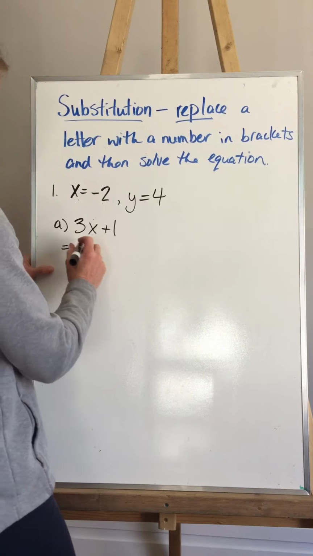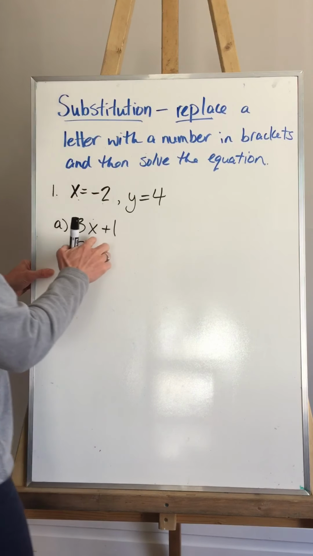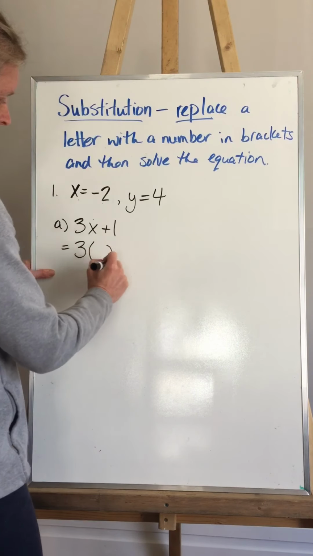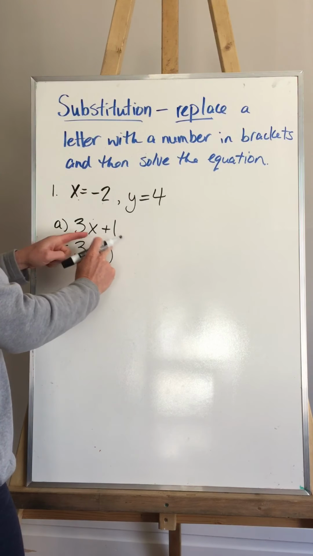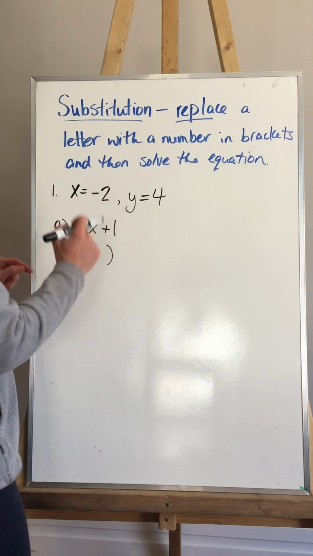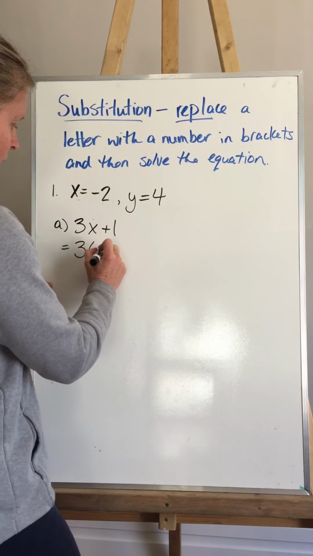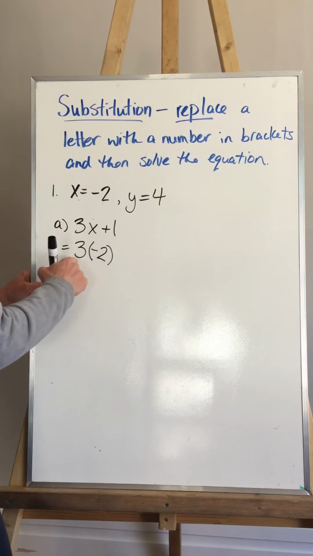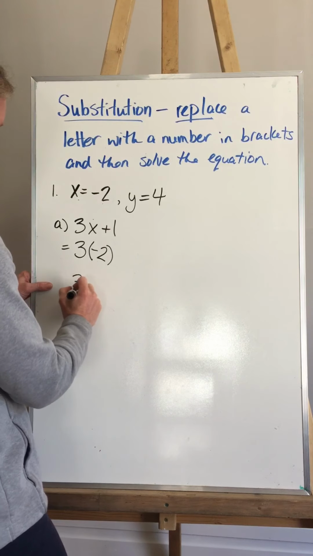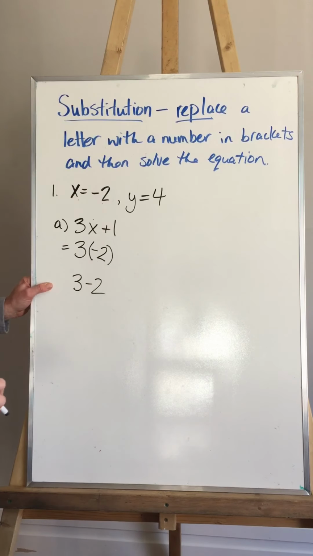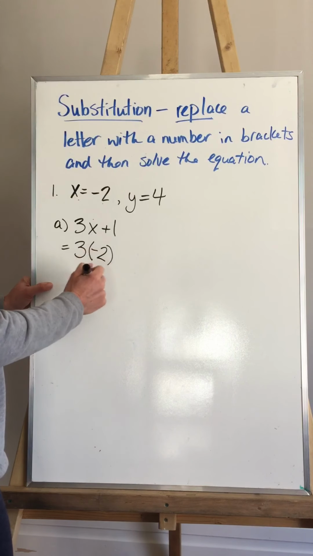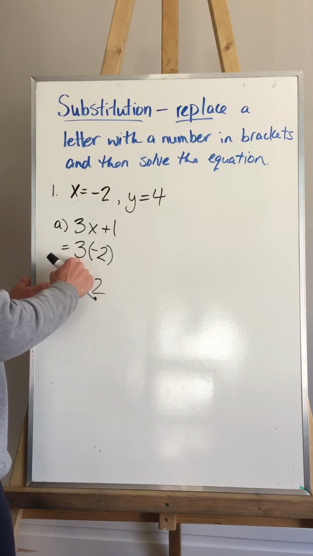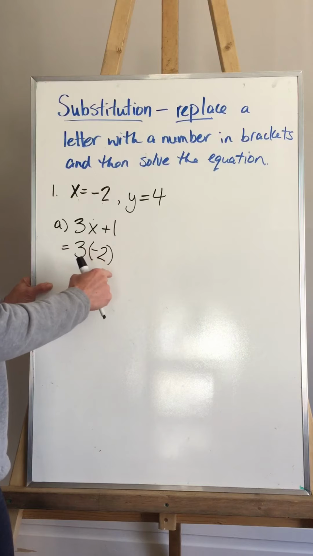So what it would look like is I do 3, instead of the x, I put brackets, okay? So I don't put anything in the brackets until I set up the brackets. And the reason for that is, so -2 goes in there. Sometimes if people don't put the brackets, they may end up writing 3 minus 2, okay? And then they would be doing a minus here, like 3 take away 2, instead of 3 times -2.